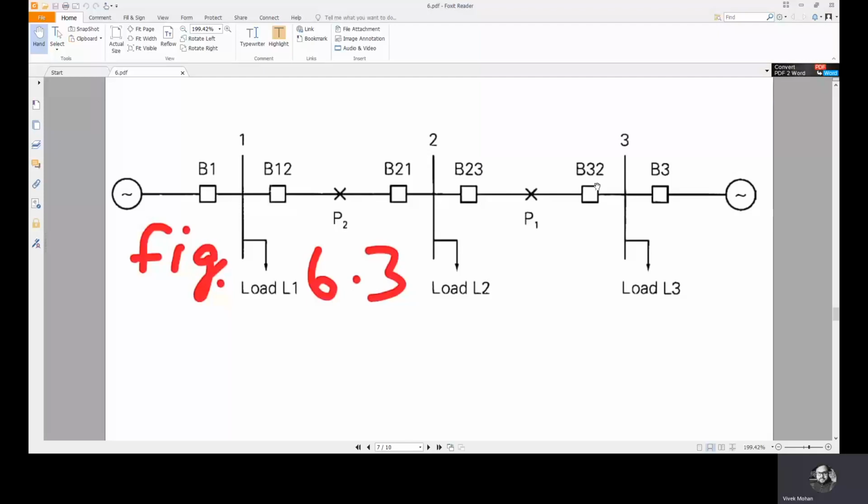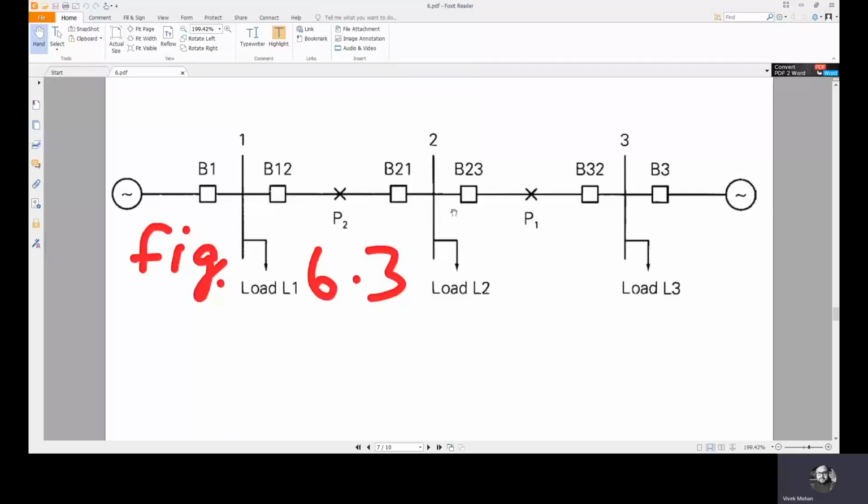Now for a fault at P1, what happens? For a fault at P1, the B21 relay would not operate. B12 should coordinate with B23.